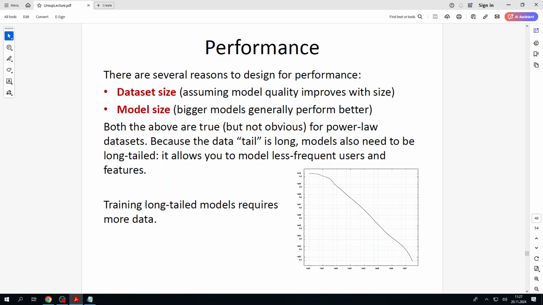Now, there is also something called long-tailed models. This is for the kind of distribution being used, like in probability theory. You may recall we also discussed the Pareto distribution and the log-normal distribution that have these long tails.